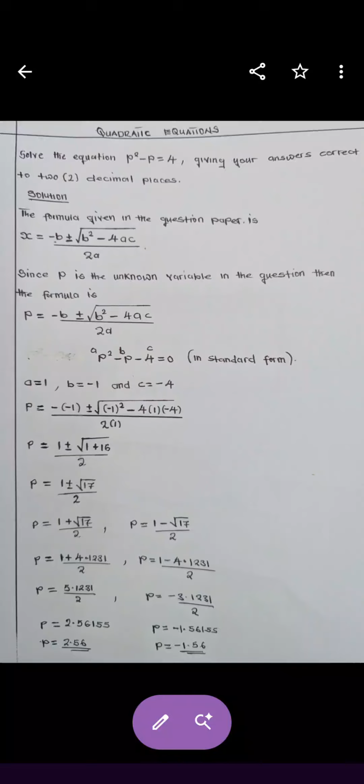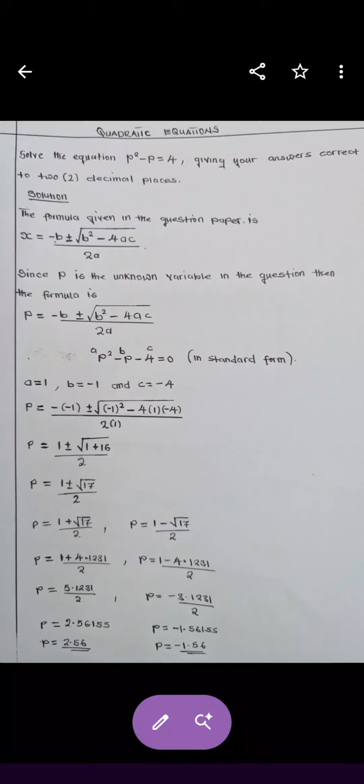Now, the unknown variable given in the formula is x. We are not going to use x as our unknown variable to solve our second example, because in the question the unknown variable is p.